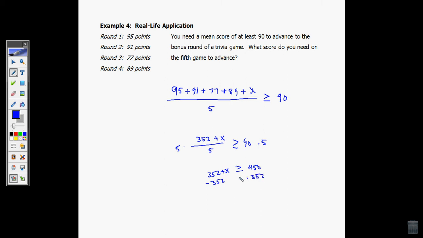Which leaves me with an x value that has to be greater than or equal to 98. I have to get a 98 or higher on my last round in order to move on. That's going to be a tough one, but here goes.